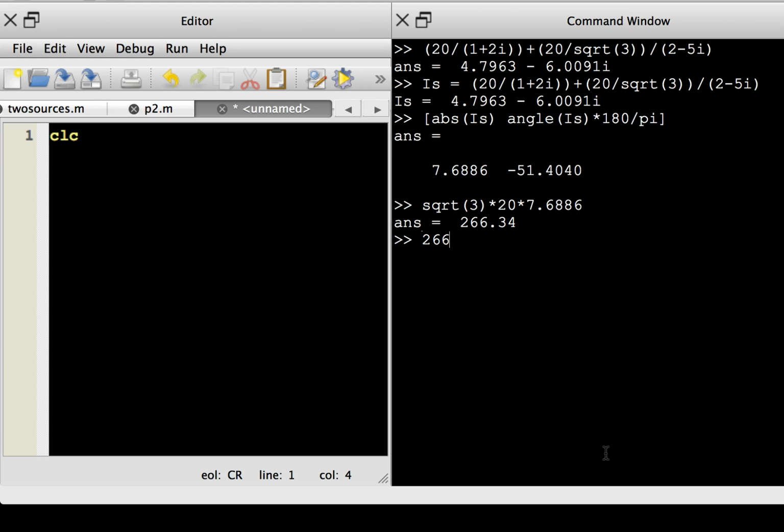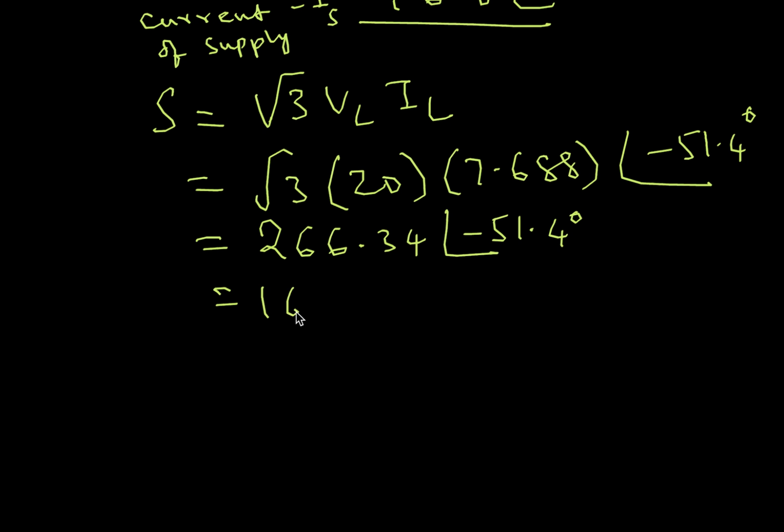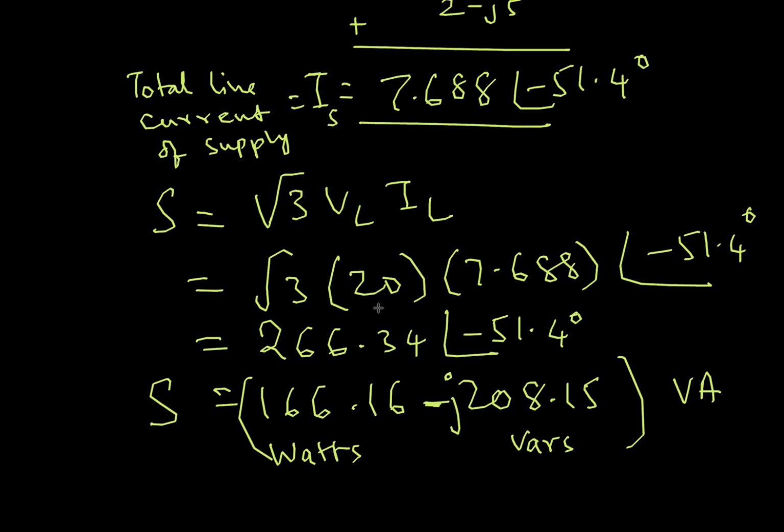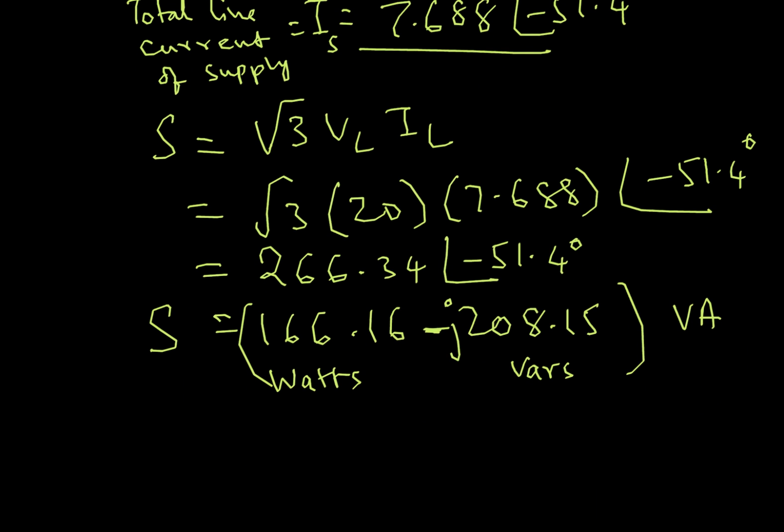So I get 266.34 multiplied by exponent of i times my angle, minus 51.4, divided by 180 multiplied by pi to convert into radians. So I am getting 166.16 minus j208.15. So this is watts and this is vars, and this total is volt amperes. So this is the complex power supplied by the source. So this is the final solution for the fourth problem also.